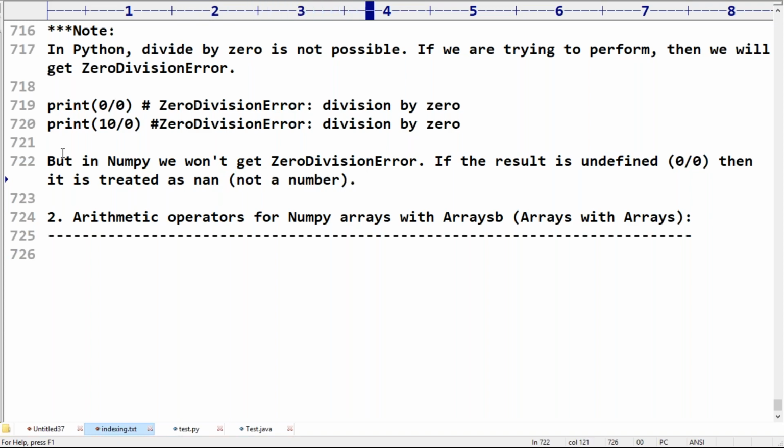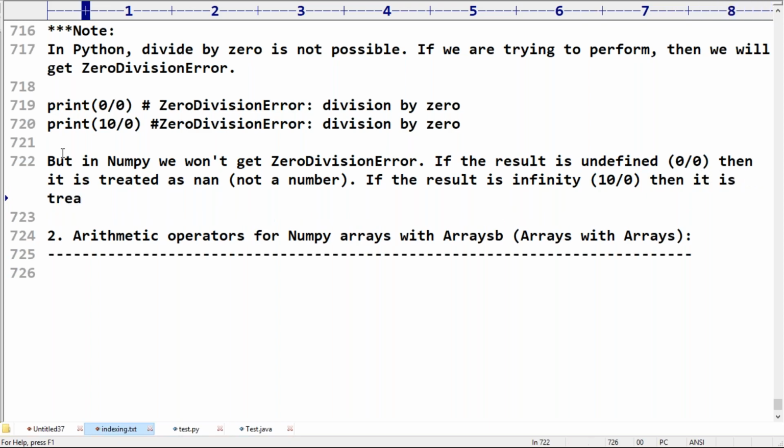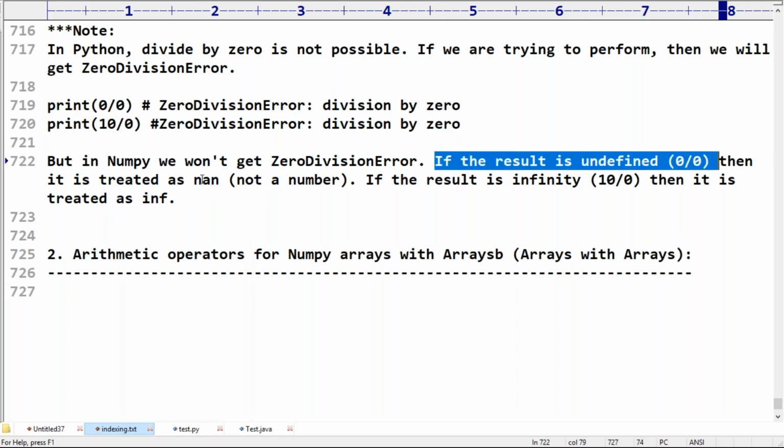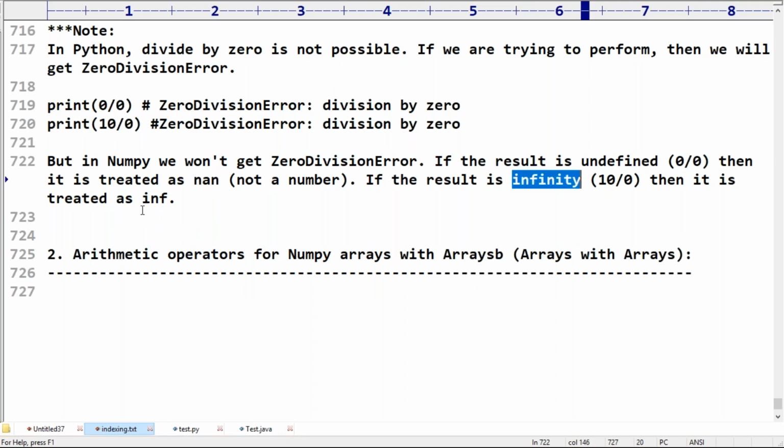Next, if the result is infinity, such as 10 by 0 or anything by 0, then it is treated as INF, which means infinity only. We won't get any ZeroDivisionError.